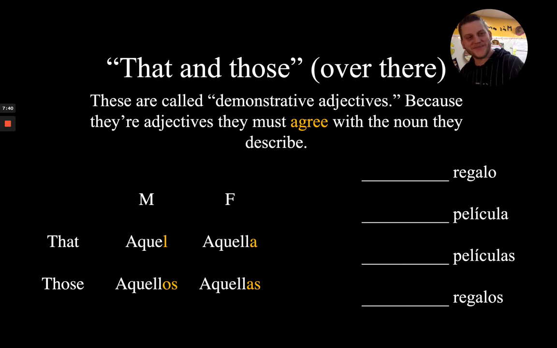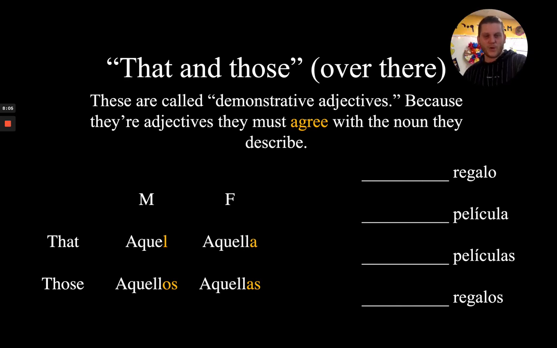Let's practice. Regalo means what? Gift. So if I want to say that gift over there, how would we say that? Aquel regalo. All right. Película. Hey, that movie over there. How are we going to say it?